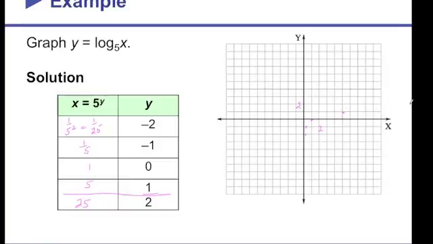And 25, 2 would be clear out. So that my graph looks like this, and I have the asymptote as the y-axis, x equals 0.